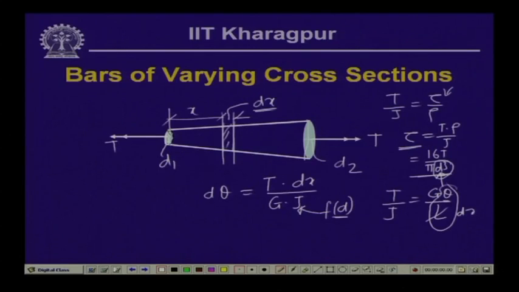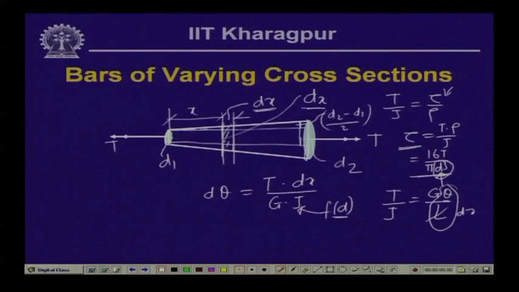Now, if this is diameter d 1 and this is diameter d 2, and at this particular point we say the diameter is d suffix x, then the value of d suffix x will be, if we draw this length, this is also d 1. So, this balance length is d 2 minus d 1 by 2.